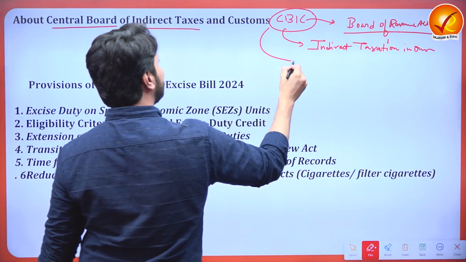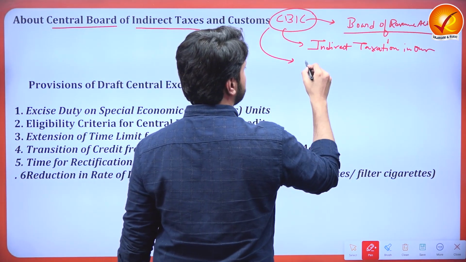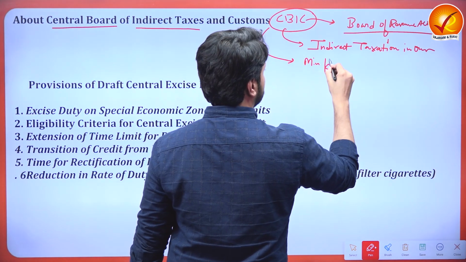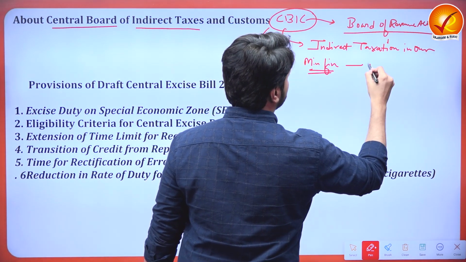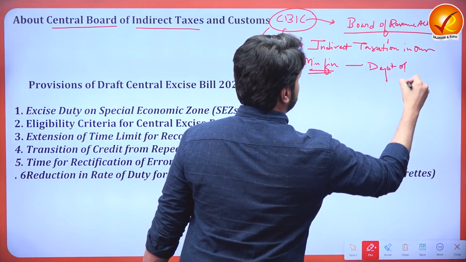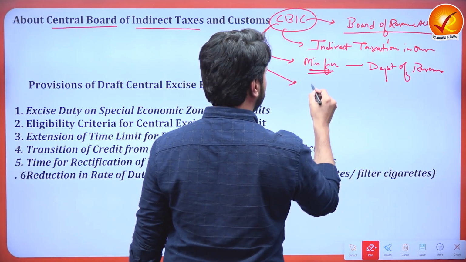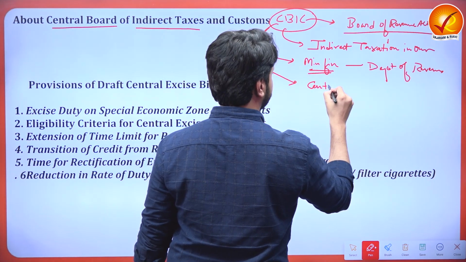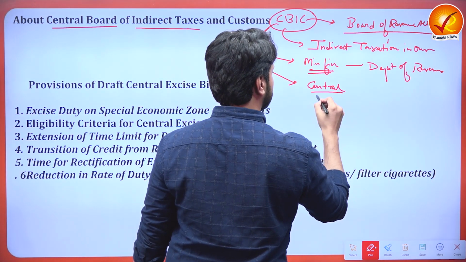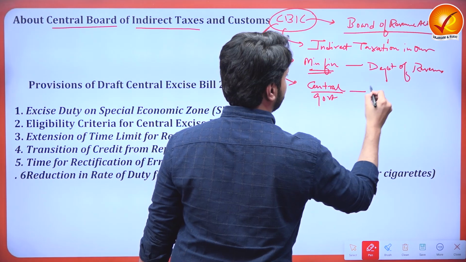Now this CBIC works under the Ministry of Finance, under the Department of Revenue, and the chairman of CBIC is appointed by the central government only through the Appointments Committee of the Cabinet.